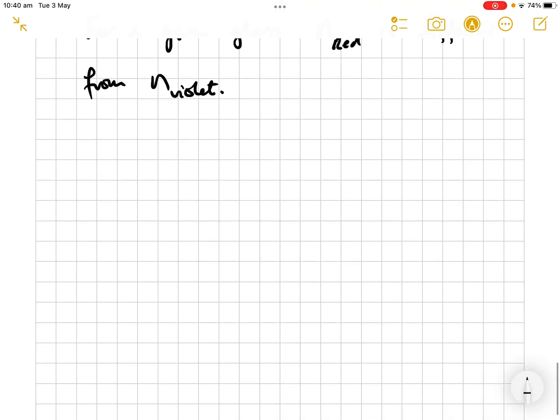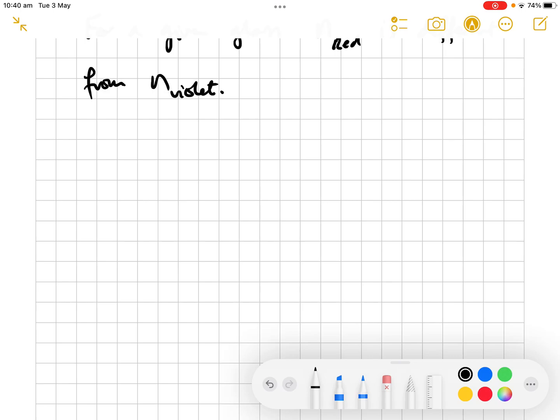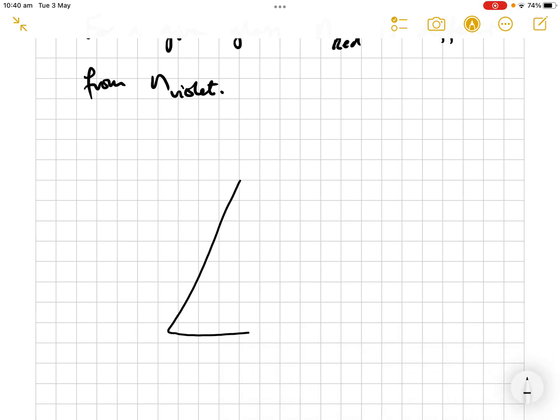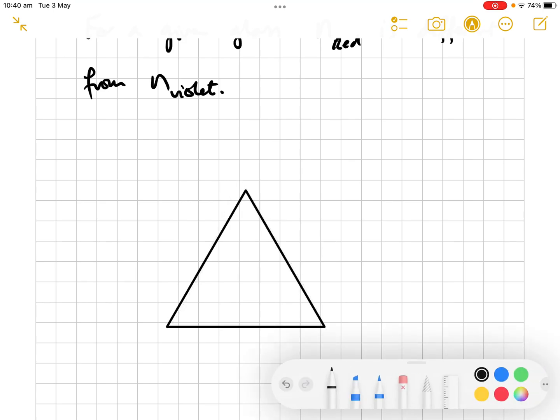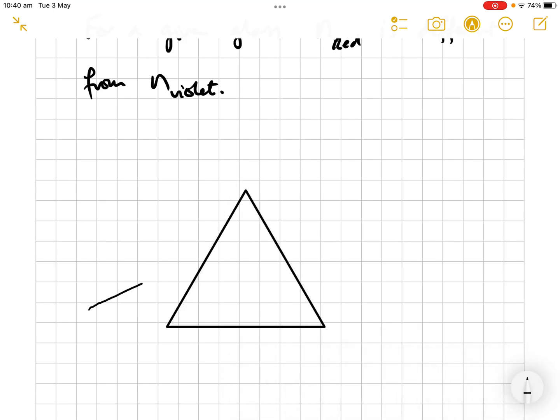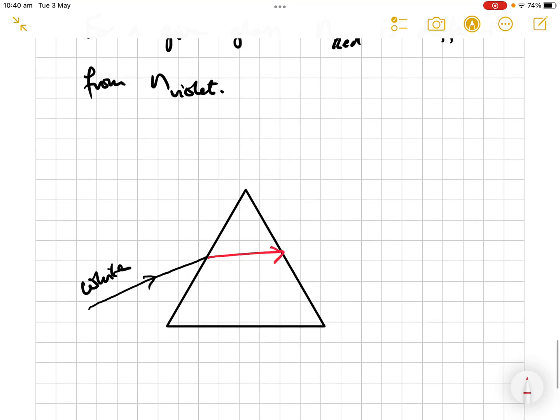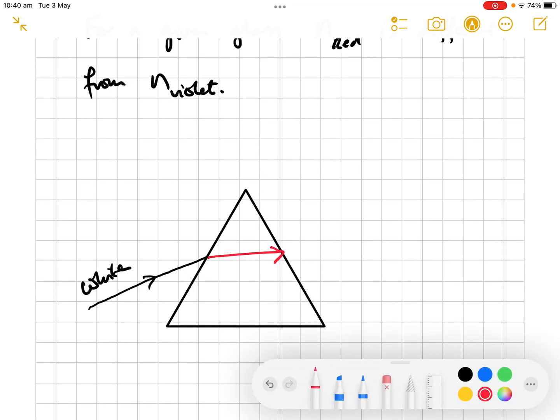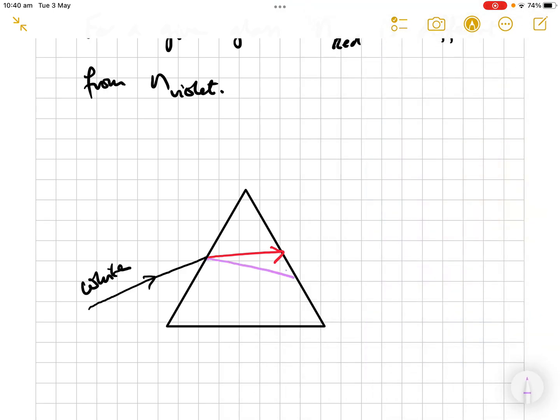You can see that actually if you think back to your dispersion experiment from previous years, where if you put in white light, like so, the red light might be refracted by that amount, but the violet light will be refracted by a greater amount, like so.